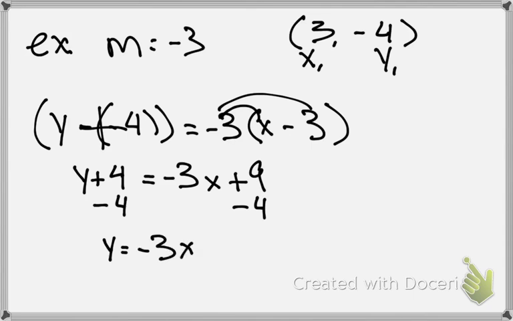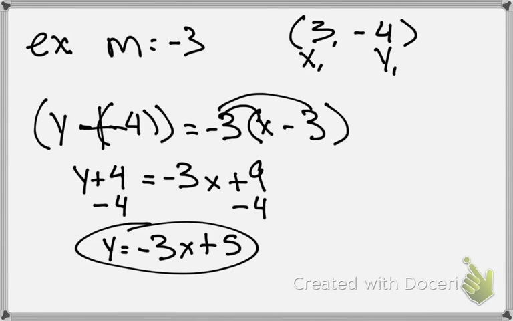Nothing happened to our -3x, so I'm going to leave that as is. Then I can simplify 9 minus 4, which gives me 5. So this is another way to solve for the equation of our line, except instead of starting with 2 points, we were given the slope and one single point to work with.